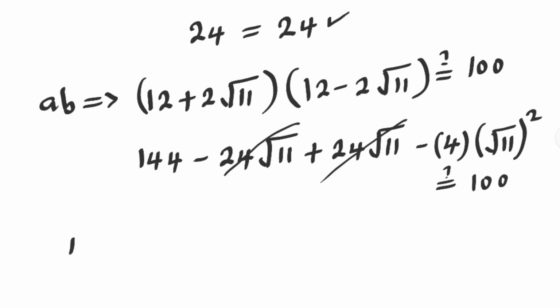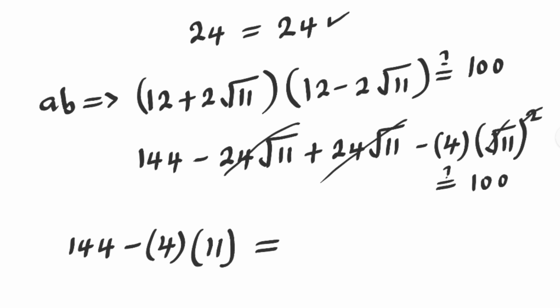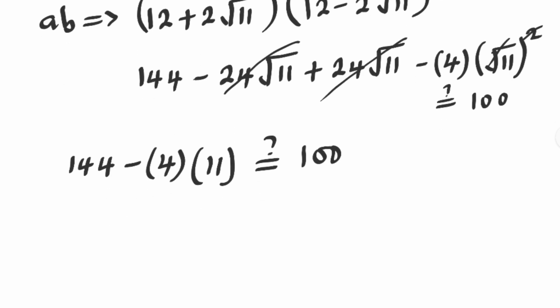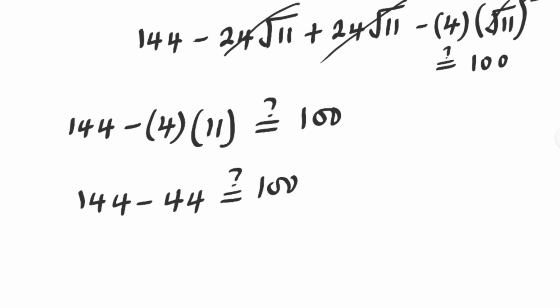We have 144 minus 4 multiplied by 11 must be equal to 100. Here, 144 minus 4 times 11, that is 44, must be equal to 100. 144 minus 44, this is 100, is equal to 100, which is true.